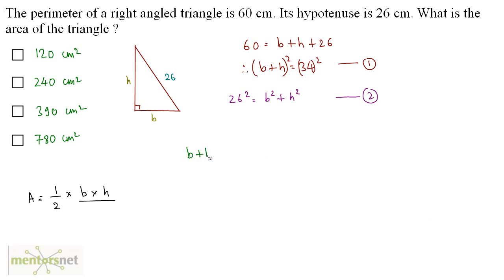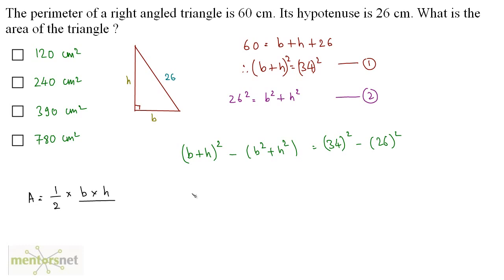So B plus H whole square minus B square plus H square. Okay, this is equal to, on the right hand side I have 34 square minus 26 square. Let's see what's there on the left hand side.